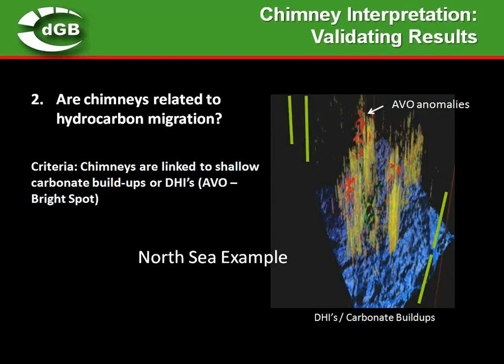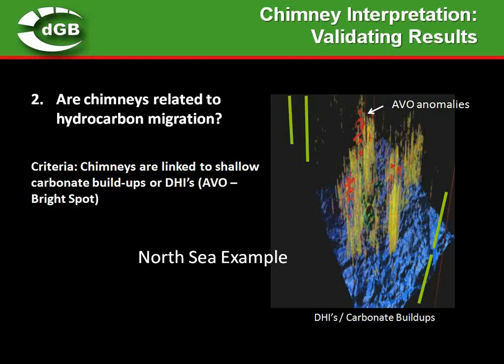So the second question we need to ask is, are those chimneys really related to hydrocarbon migration? And a criteria we have for that is, do we see a link between the chimneys and shallow DHIs or carbonate buildups?